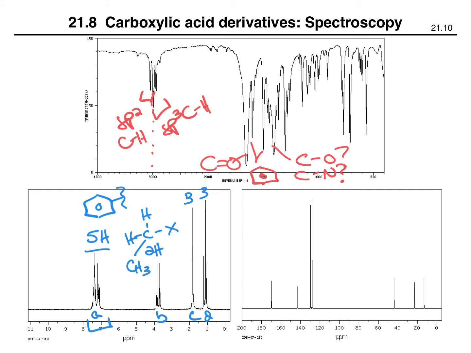Looking at signal C, this is just below 2 ppm, and this integrates to 3 hydrogens, so this is probably a methyl group next to a carbonyl. And then finally D, this is another methyl group, but this one is next to a CH2 group because it is a triplet. Next, when we look at the C13 NMR, this could be our carbonyl signal, and then there's actually 3 separate signals here, which means we have 4 signals in the aromatic region.